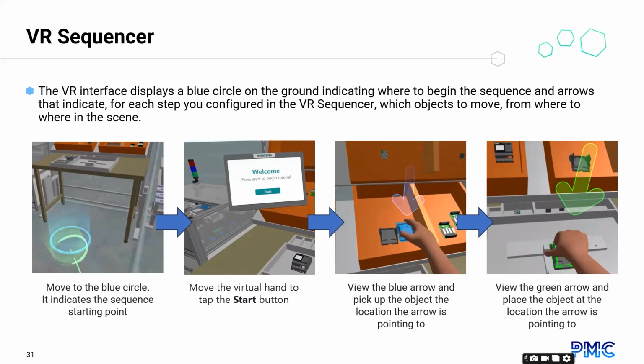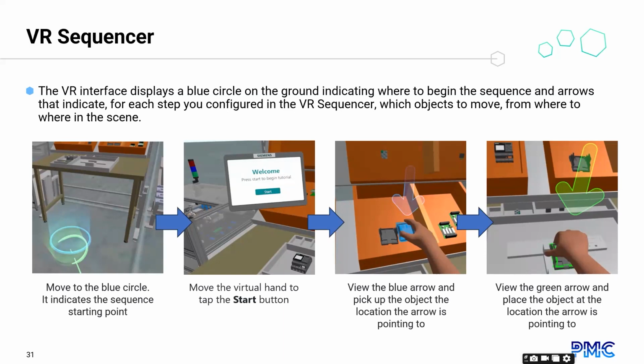Here we have some images. When entering this blue portal, we start the virtual reality sequencer. We receive this welcome message, and then we must move the hand with the controller to click on the start button. Then the blue arrows will appear and indicate where the objects that must be picked up are in the model, and the green arrows indicate where this object must be placed.